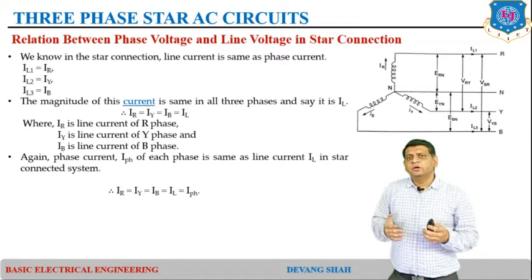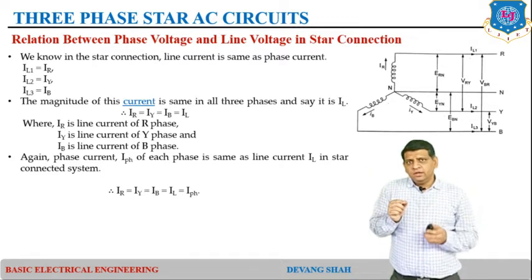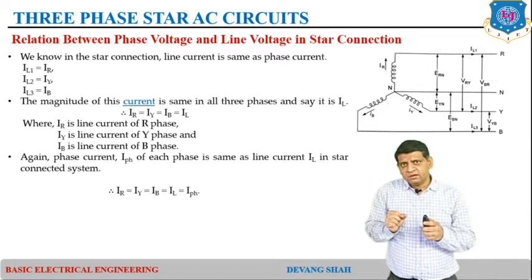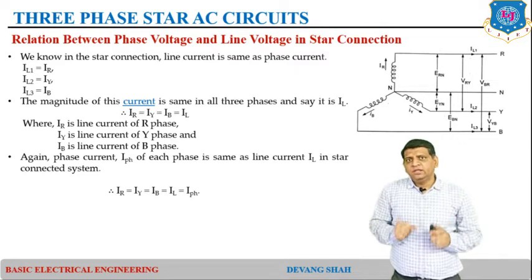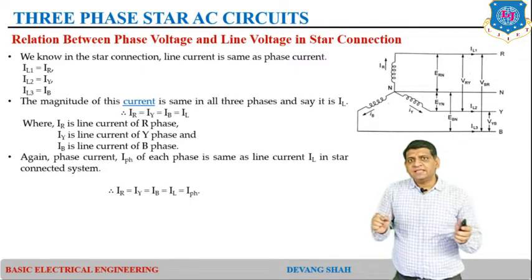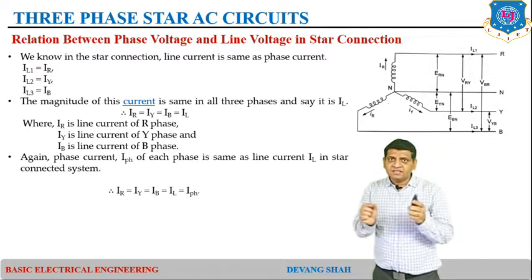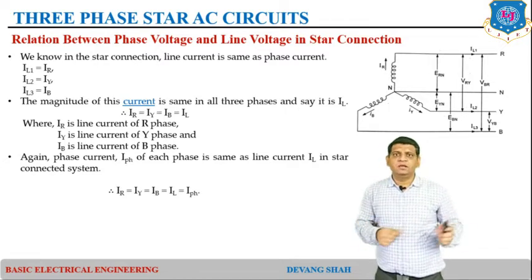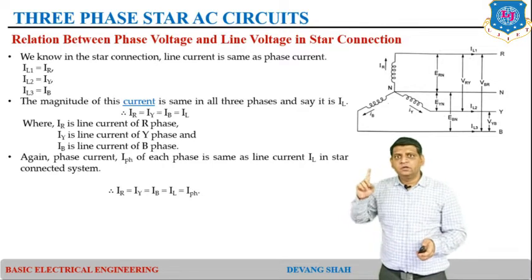From this network you can see that in the red phase there is a flow of current IR, which is called the phase current, and in line 1 we see the current IL1. So I can say IR is equal to IL1, same way IY is equal to IL2, same way IB is equal to IL3.